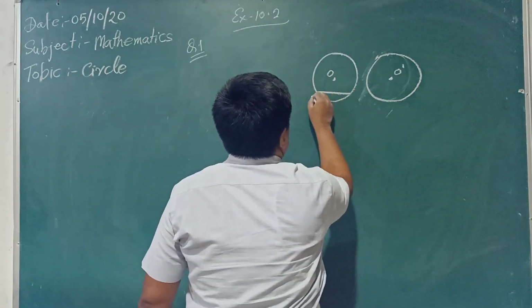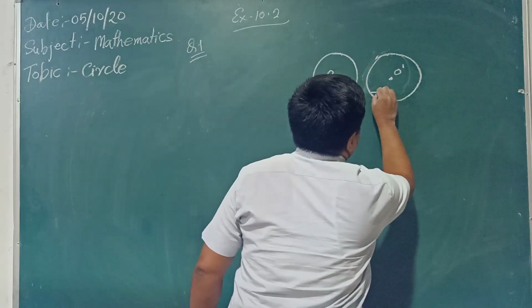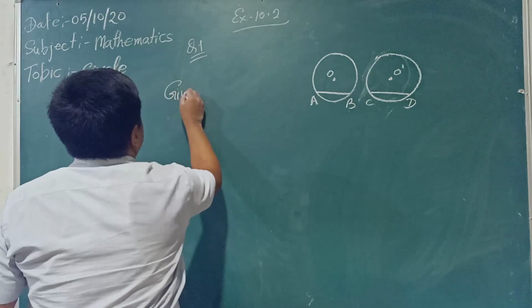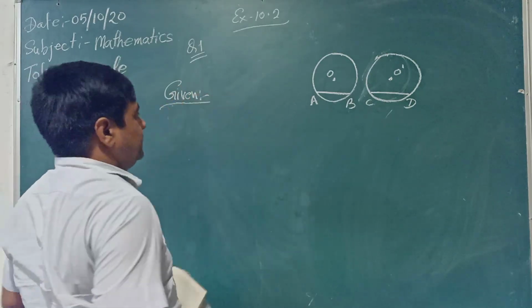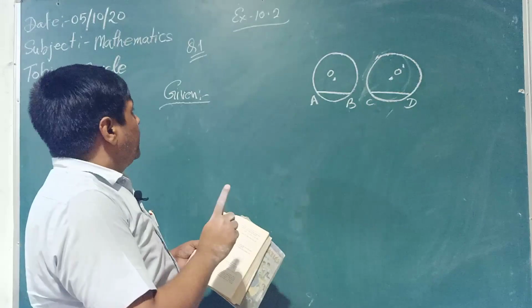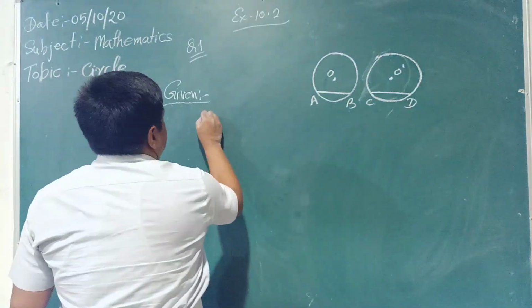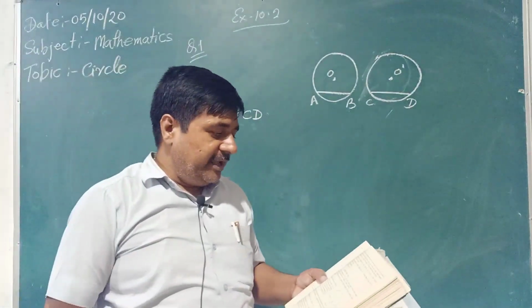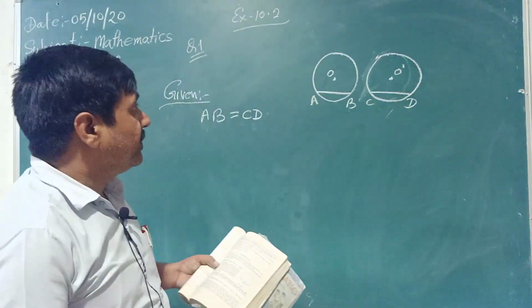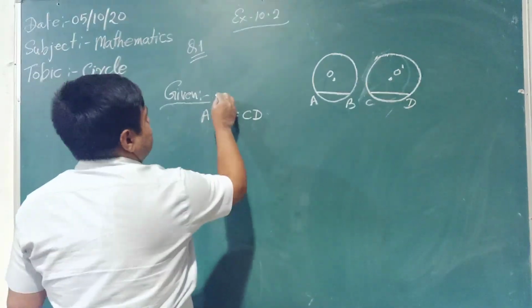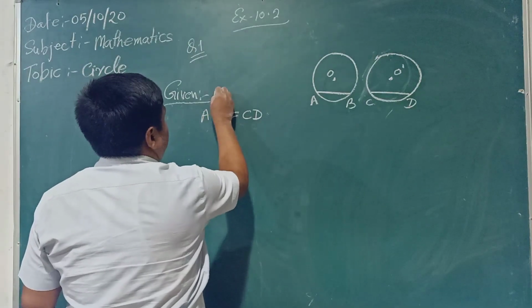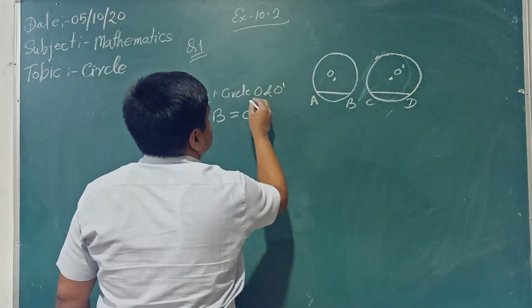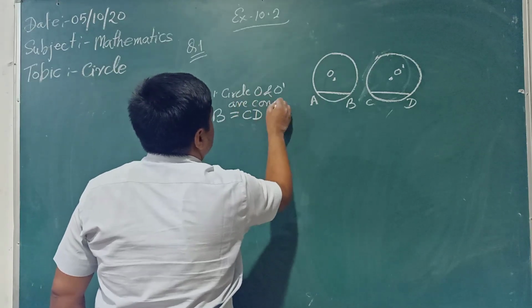So that is AB and that is CD, and given that AB is equal to CD, and both circles O and O dash are congruent.